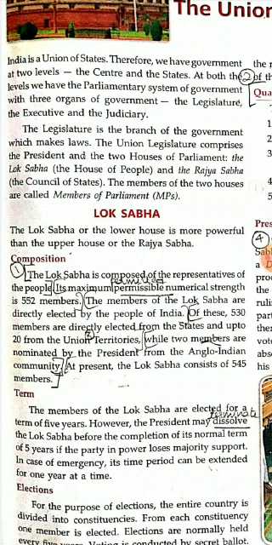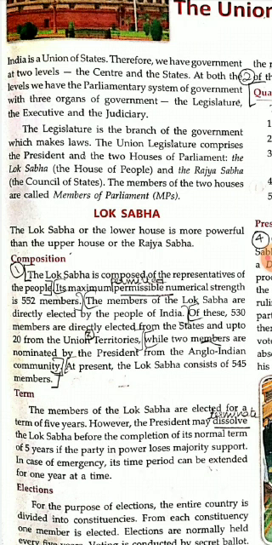The legislature is a branch of the government which makes laws. So the legislature organ is in charge of making laws. It is responsible for making laws. The Union Legislature comprises the President and the two houses of Parliament, the Lok Sabha, the House of People, and the Rajya Sabha, the Council of States.